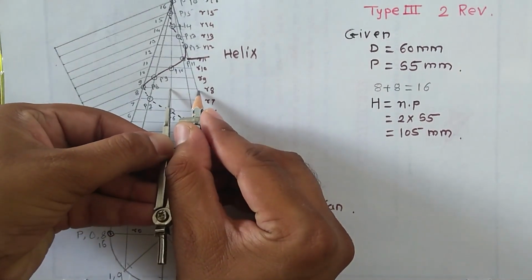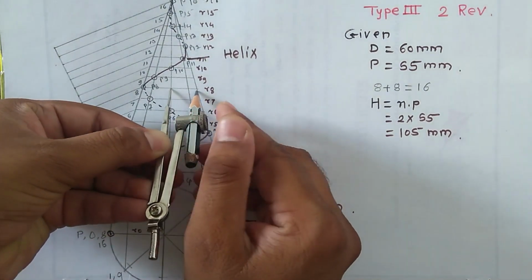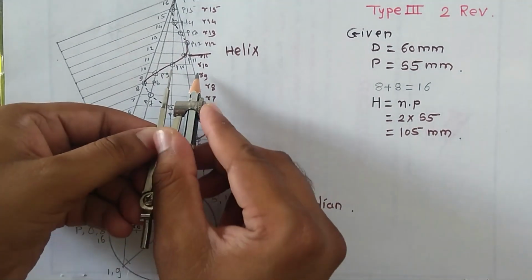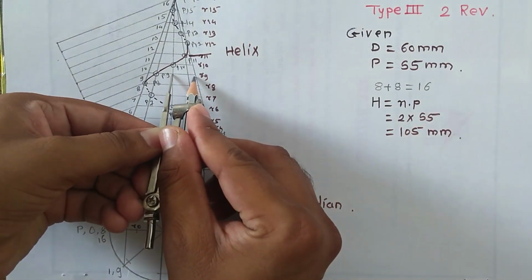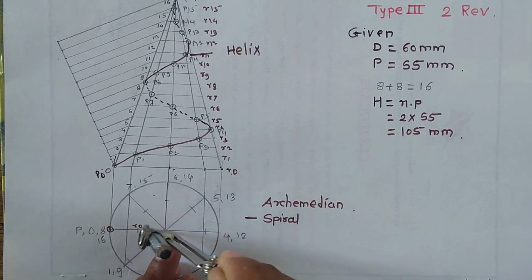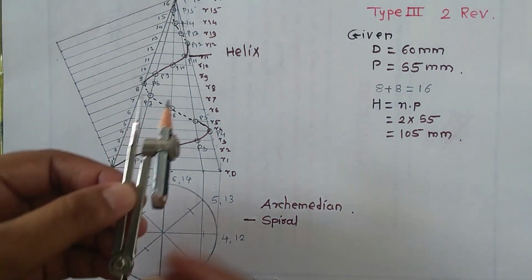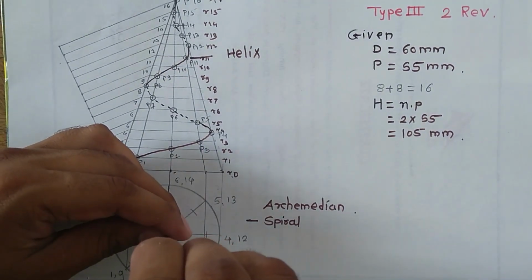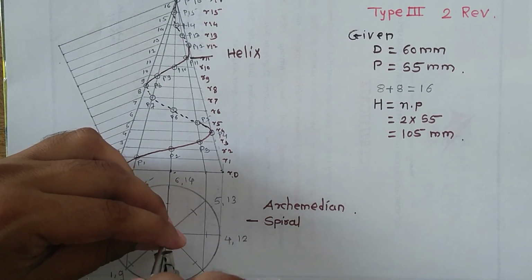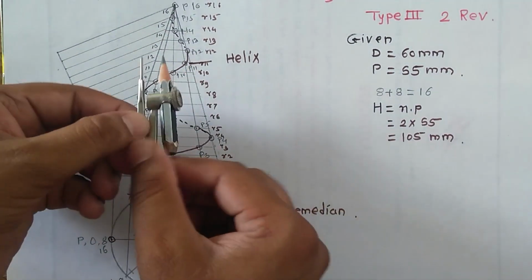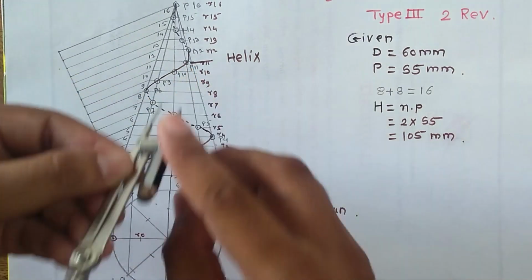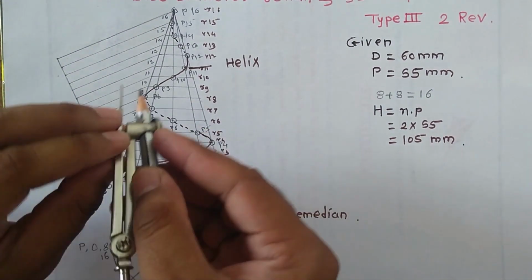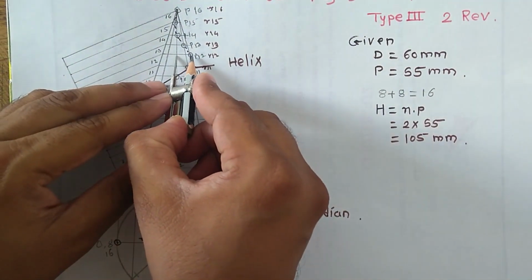Then the R8 distance. R9. Then R10. Then we have to take the R11 distance in the compass. Then R12.